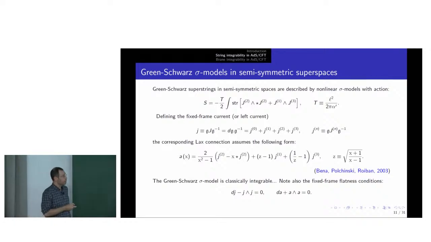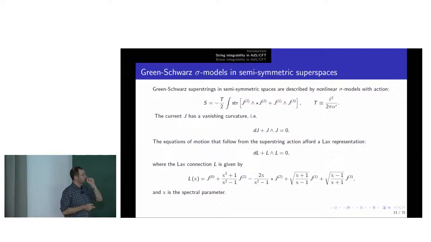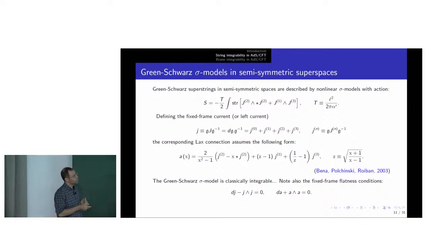Now there exists a more convenient form of the current, which is the so-called fixed frame current. The one that we just showed here is the so-called moving frame current, big J. Small j is the left current, which is given in terms of this transformation.